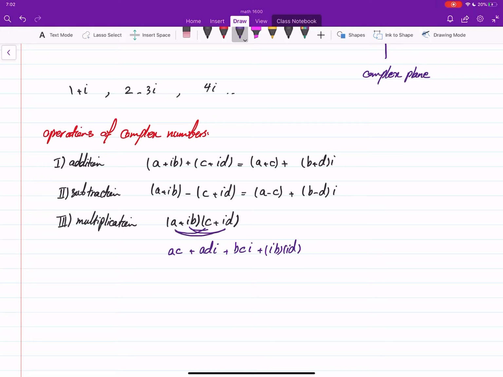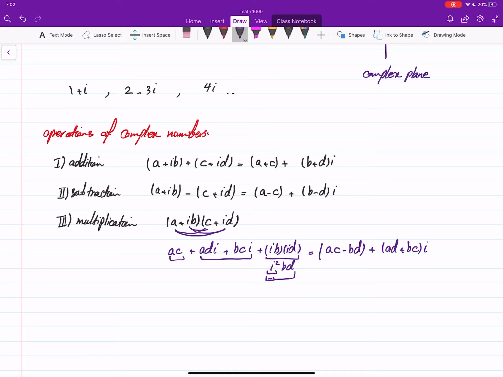What you need to note here is that I have here i squared bd. I squared, by our convention, is -1. So this will be -1. This part is real part, this part is real part, so put those together. Plus, these guys are having some i, so it will be (ad plus bc) times i.